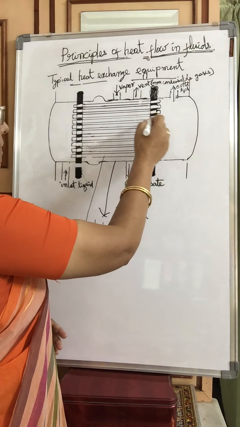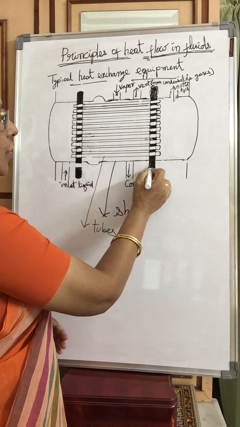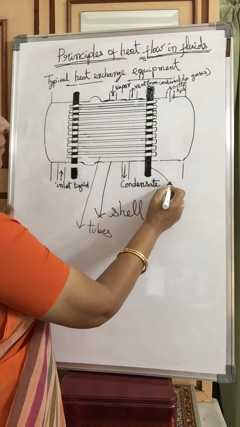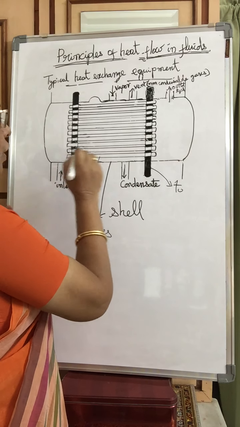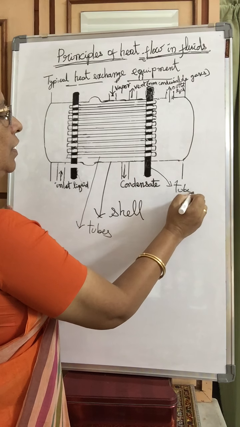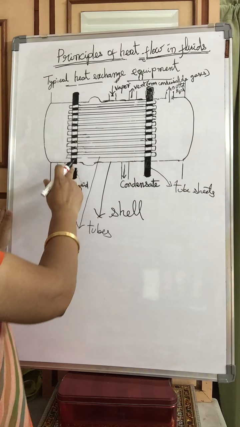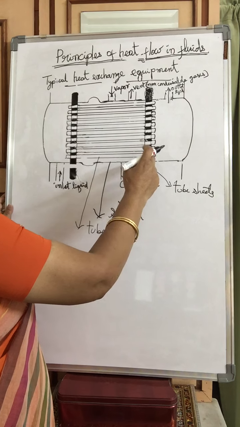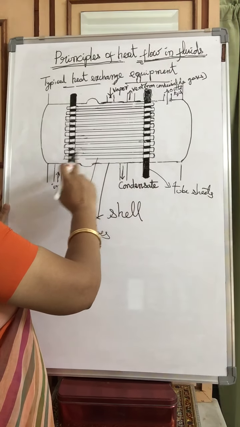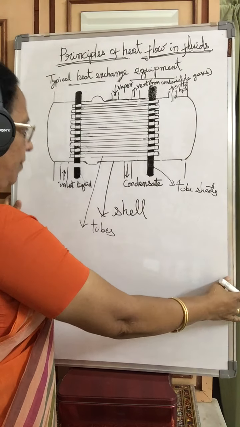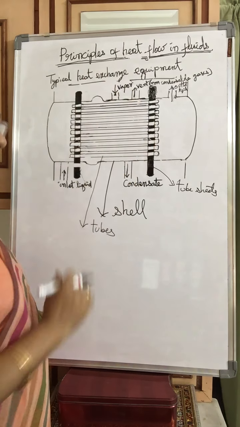So, to keep the tubes in their positions, we use tube sheets. These are this one and this one. 2 tube sheets we use, one at one end and the other at the other end. With the help of these 2 tube sheets, we fix these tubes in their places.